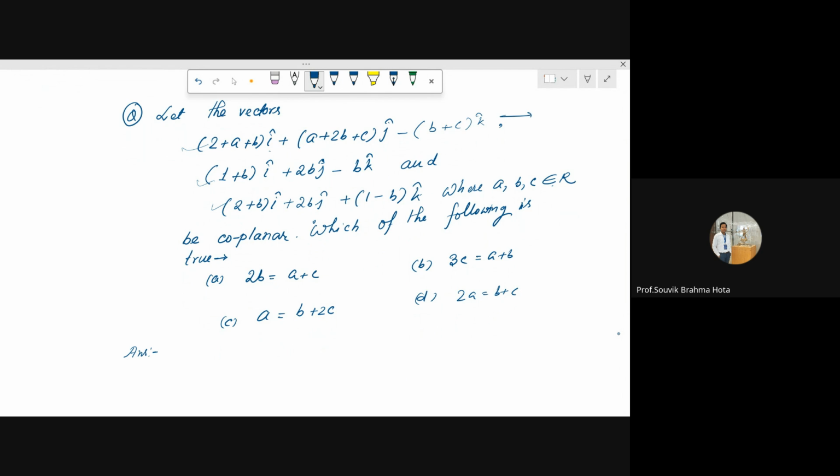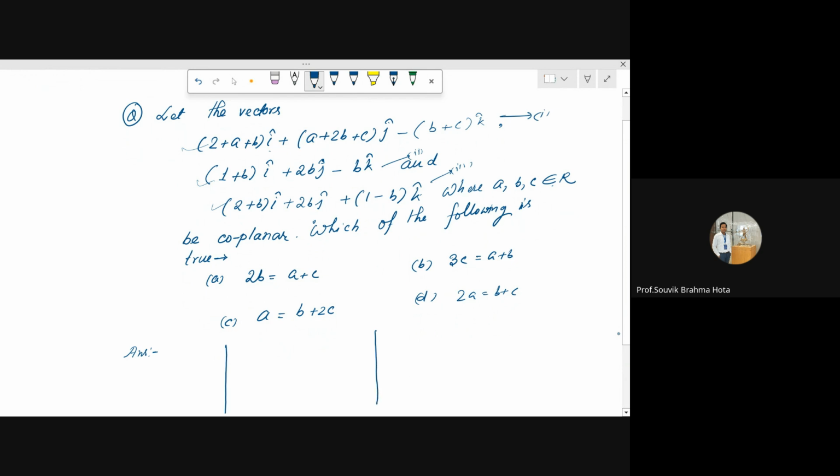Suppose this is equation 1, this is equation 2, this is equation 3. You know how to make a matrix from 3 equations. Here also I want to make a matrix and then get the determinant of that matrix.